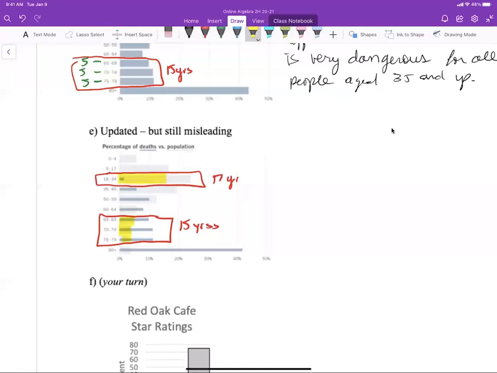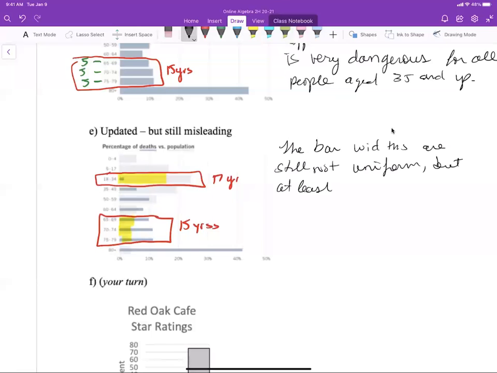So again, it's misleading. It's better, but maybe not the best way to present the data. They're still not uniform. But at least you now get some population information.